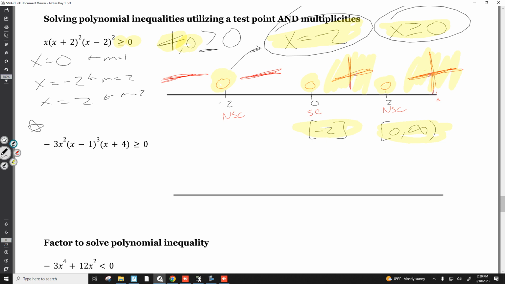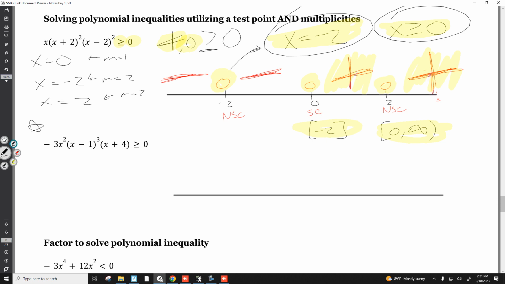If you understand multiplicities, you know sign changes or no sign change. Multiplicity of 2, squaring things, will always be positive. Even multiplicity, no sign change.